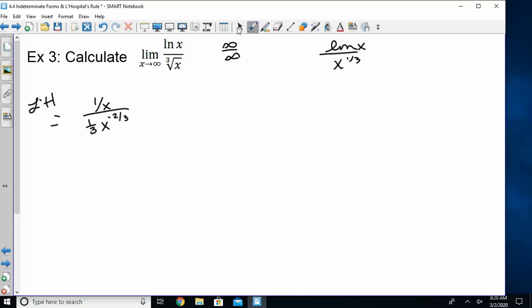Oops, what did I fail to write on that stuff? Yeah, don't forget your limit. Okay, I'm going to clean this up a bit. A -2/3 would put that on the bottom.